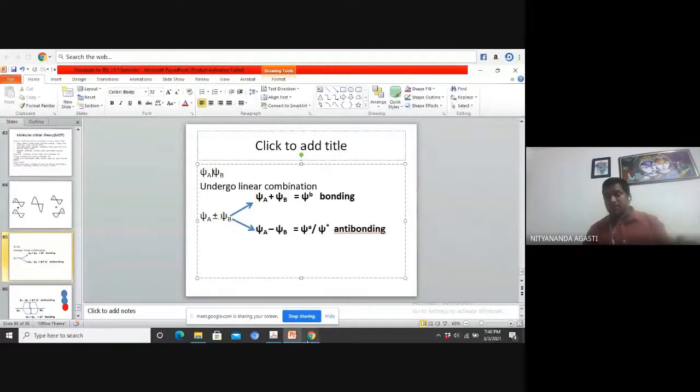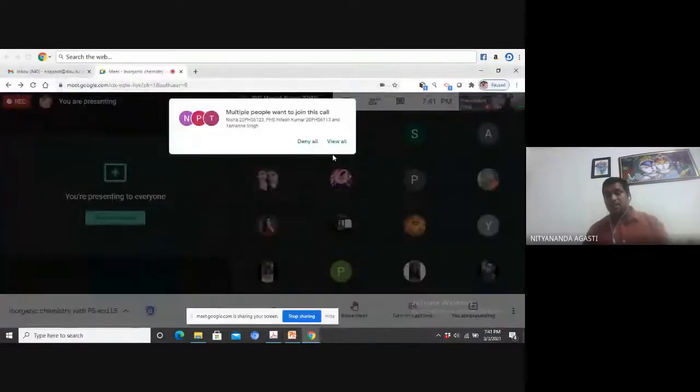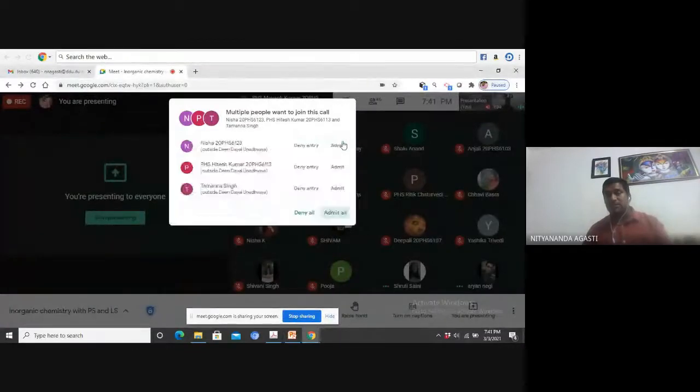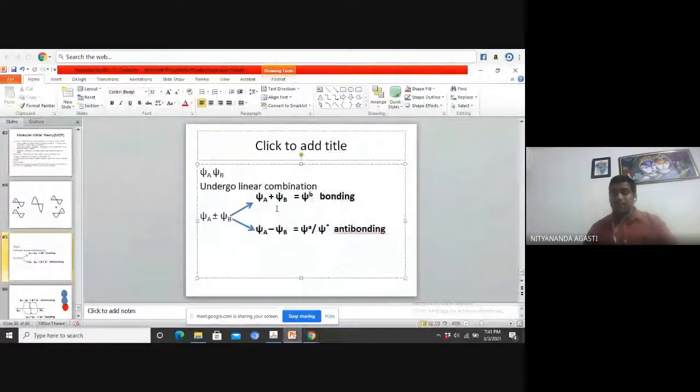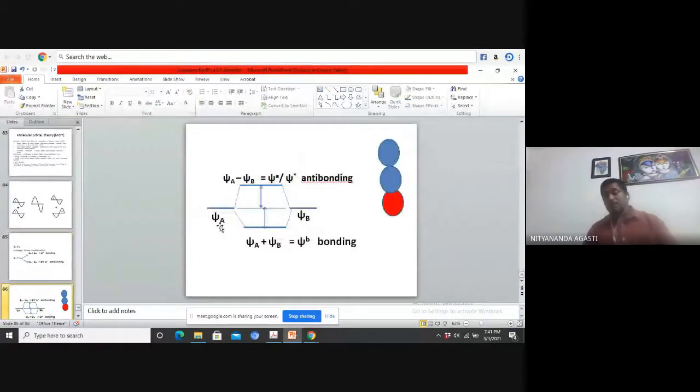When they are not in the same phase, it will be subtractive combination. The positive combination leads to formation of bonding molecular orbital, and the subtractive combination leads to formation of anti-bonding molecular orbital. So whatever the rules of linear combination of atomic orbitals, we have already discussed.